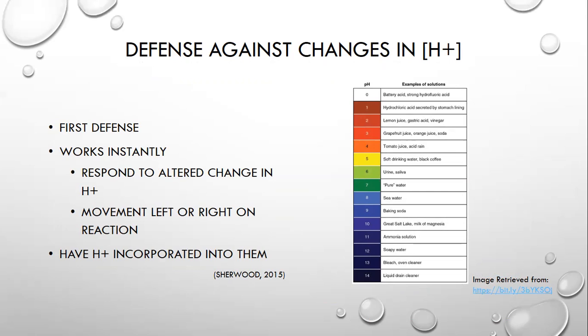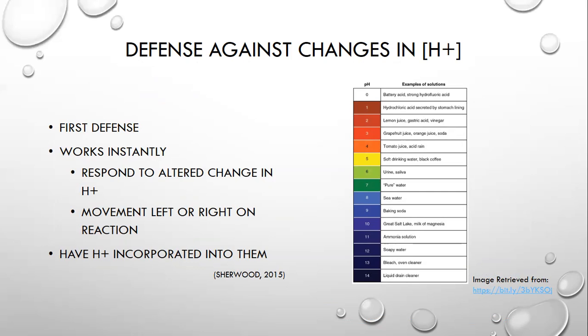So we need other defense mechanisms, because otherwise our chemical buffer systems will not be able to buffer hydrogen ions because they would be full. They'd be bound already with those hydrogen ions. This is why the respiratory and renal mechanisms are incredibly important, because they help eliminate acid from the body.